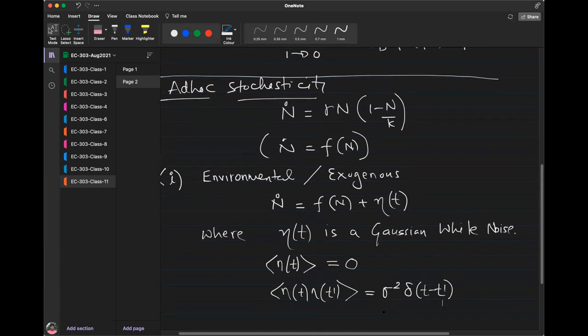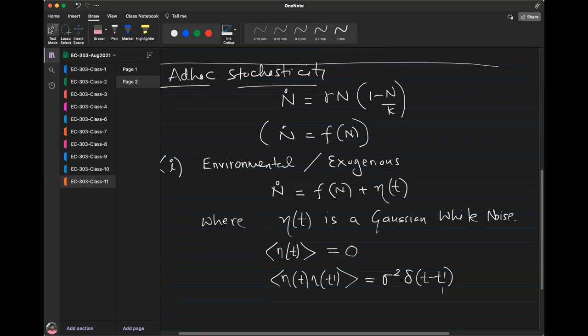What this basically means is that, if I take two different time points t and t prime, the correlation between this noise is basically 0. If I take the same point, that is the only time they have a correlation, and the strength of the correlation is sigma square, which is also the variance associated with this. And this delta is what's called the Dirac delta function.